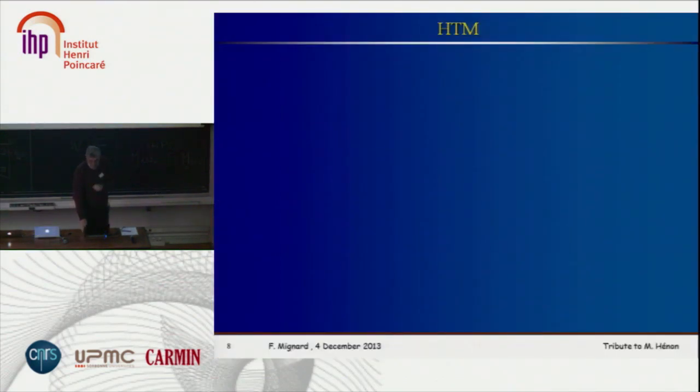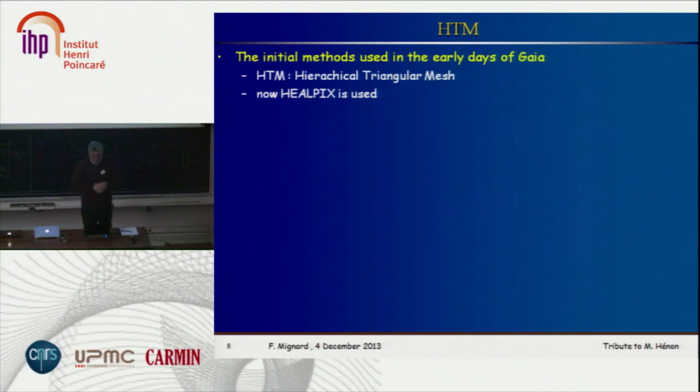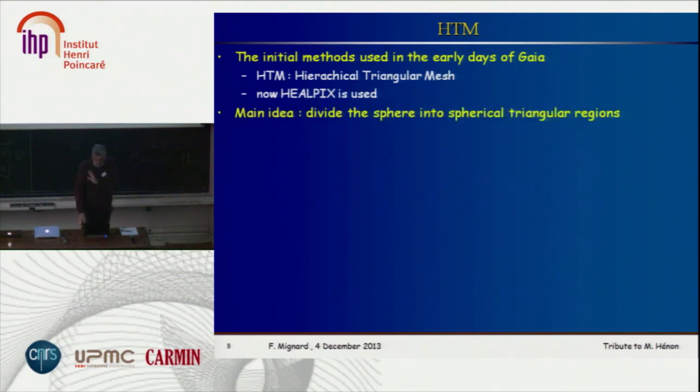What astronomers are using, and I've been using for a long time, is the natural extension of the icosahedron or octahedron, which is a hierarchical triangular mesh, essentially the geodome. So you start from a regular polyhedron and you project that. Now we use HEALPix for different reasons, and it has been essentially used for WMAP or Planck, for example.